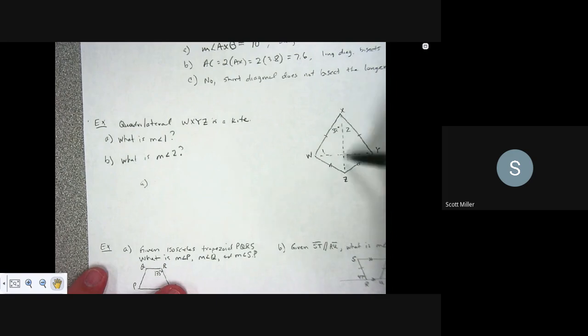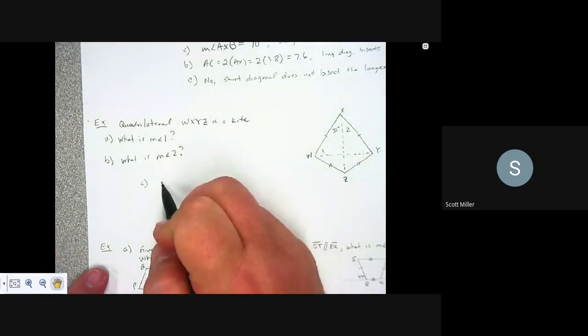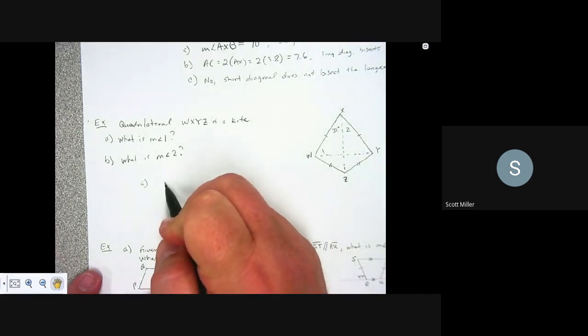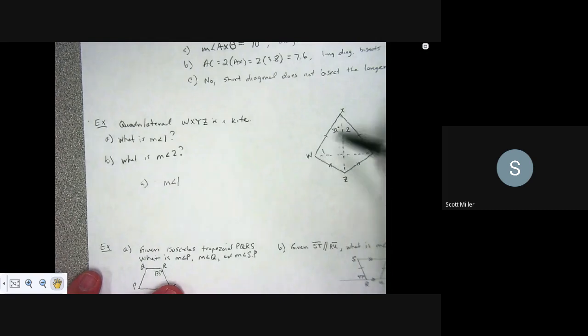Since they are perpendicular to each other, this is a right triangle. So I know this, okay? And so then I can find the measure of angle 1 because the measure of angle 1 plus this angle up here, which is at 32 degrees, has to be 90 degrees because the sum of the angles of a triangle is 180.